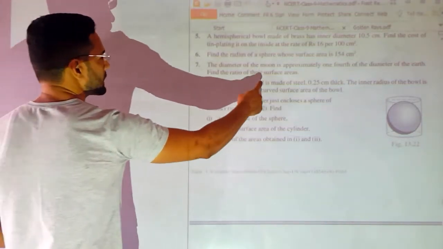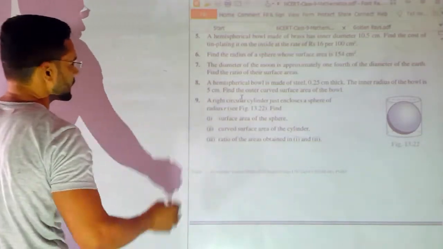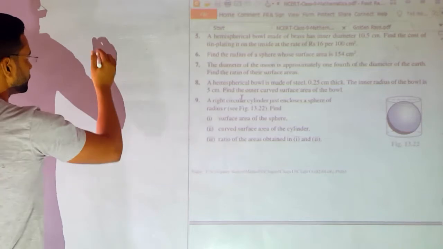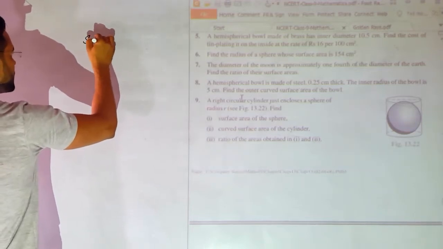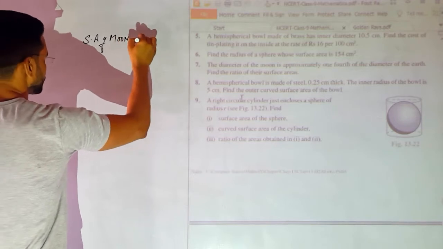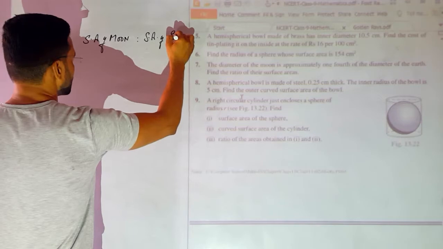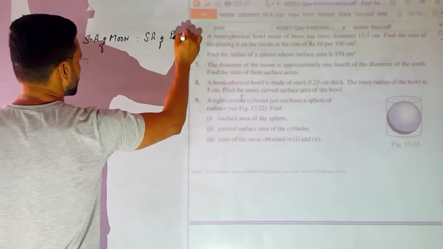So the surface area will be equal to 4 pi r square, the same for both. Surface area of moon and surface area of Earth.